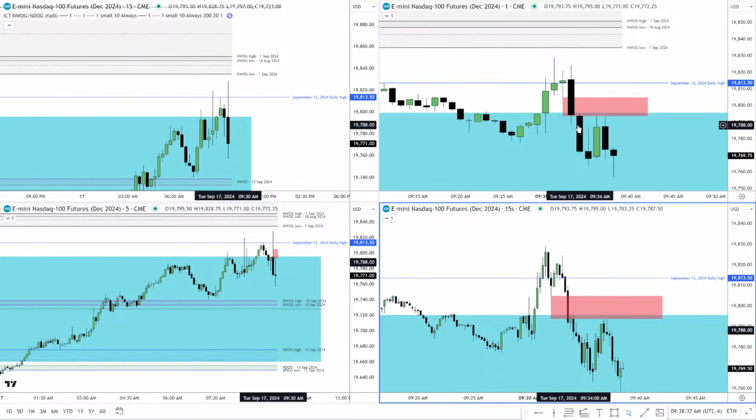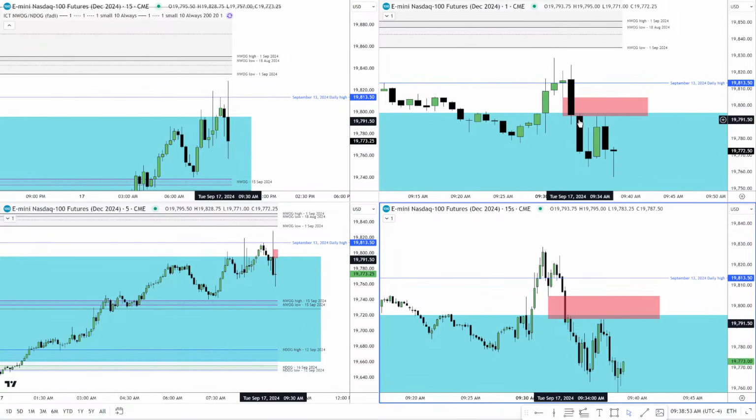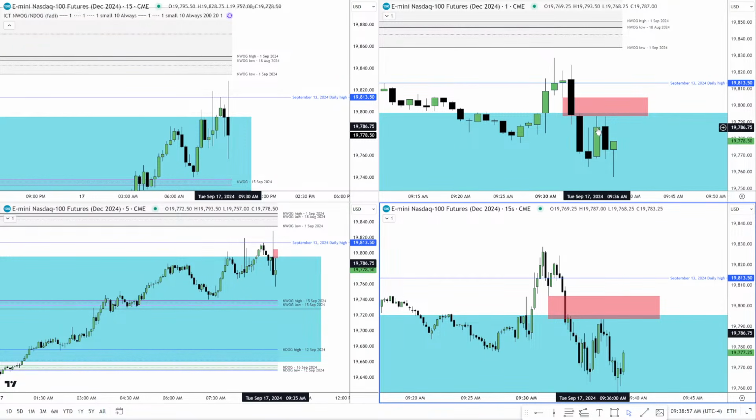We have yet to trade to number 3 candle's high, which is 19,795 even. And this one, I think, is probably the same price as that. Yeah, same highs. So we have to trade to, technically, 794.75. We have not traded there yet.